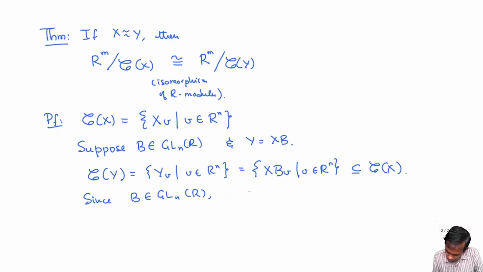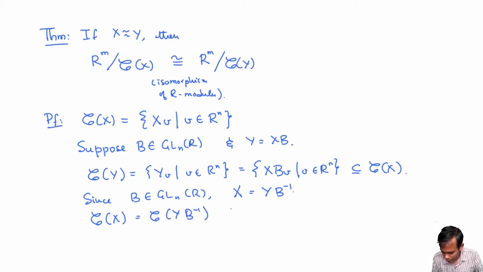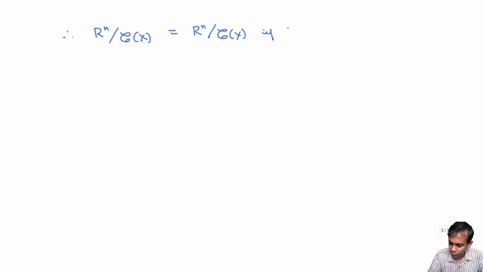And I can write X equals Y B inverse. Then I can apply the same argument by replacing the role of X with Y and B with B inverse, and I get that the column space of X is equal to the column space of Y B inverse, which is contained in the column space of Y. So together this means that the column space of X is equal to the column space of Y. So firstly what we see is that R^m mod the column space of X is equal to R^m mod the column space of Y if Y is equal to X times B, where B is in GL_n(R).